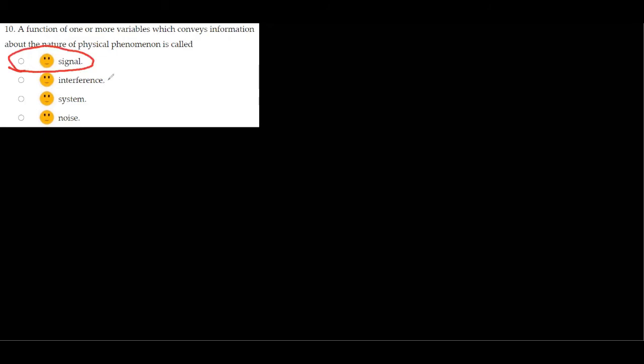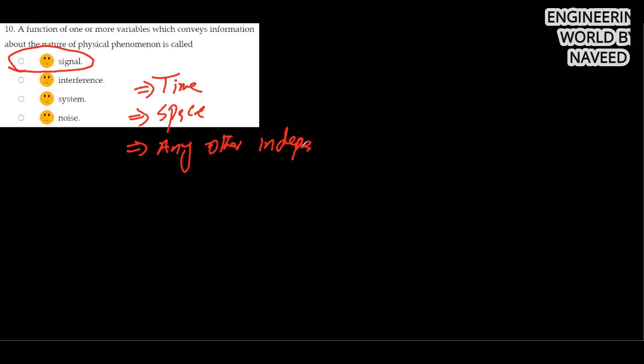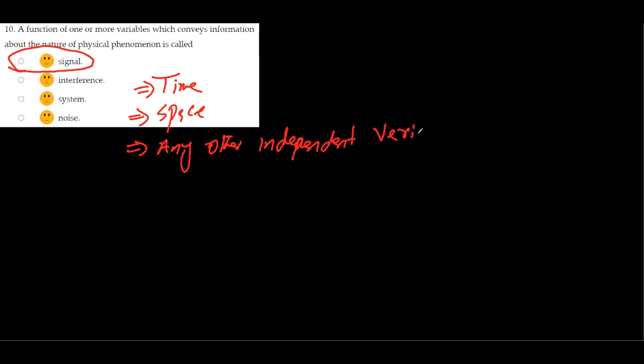Actually, signal is also defined as any physical quantity that varies with time, that varies with space, that varies with any other independent variable, that is known as signal, okay?